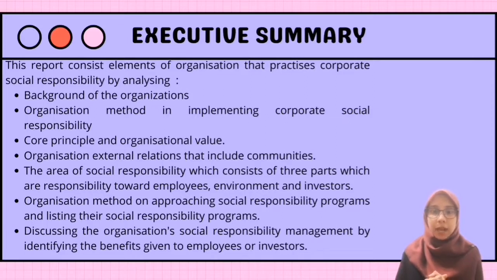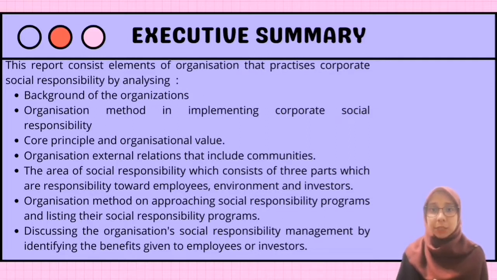C. Core principle and organizational value to know about the company value in their daily activity, D. Organization external relations that include communities, E. The area of social responsibility, which consists of three parts, which are responsibility towards employees, environment, and investors.